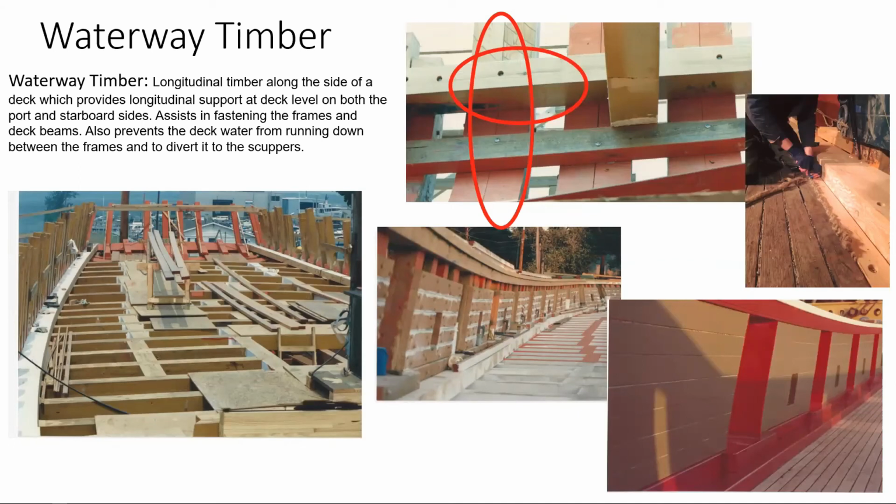And then along the deck, we have the waterway timber running along both sides, and you can see how it goes all the way to the transom. Those are laying on top of the deck beams, which are going to support the deck planking and create the support for our hatches structure there.